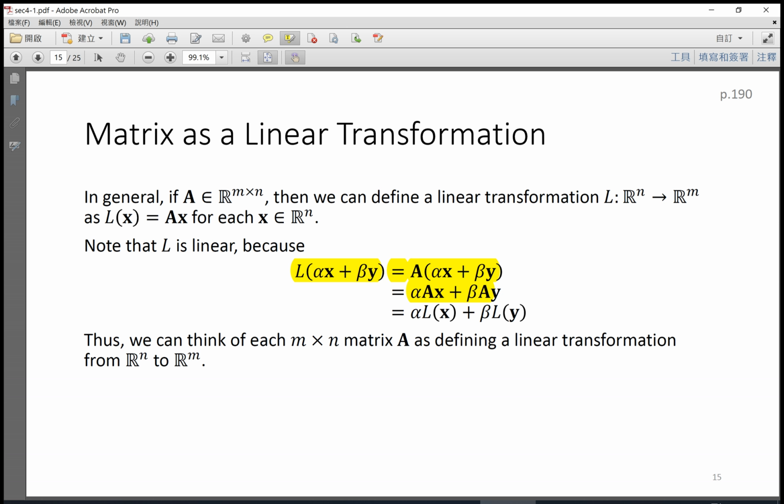Since Ax is L(x) and Ay is L(y), we have shown that L satisfies both the additivity and the homogeneity properties for all scalars α, β and all vectors x, y in R^n. Therefore, L is a linear transformation. In view of the above, a matrix A of dimension m×n can be viewed as a linear transformation L, and L is a mapping from R^n to R^m.